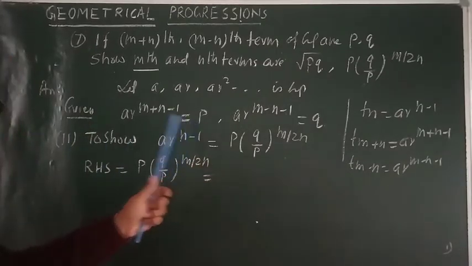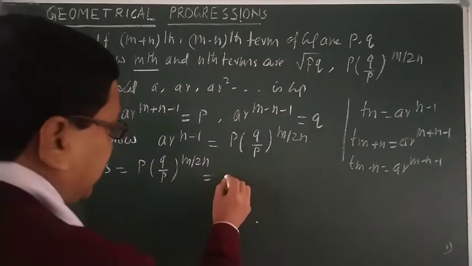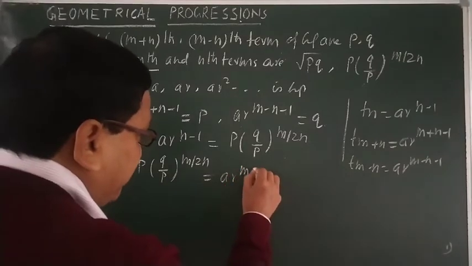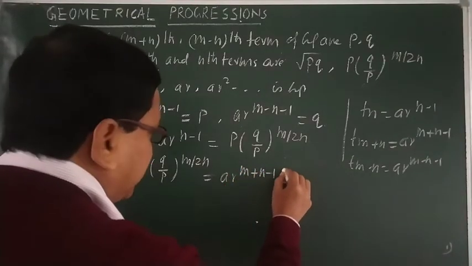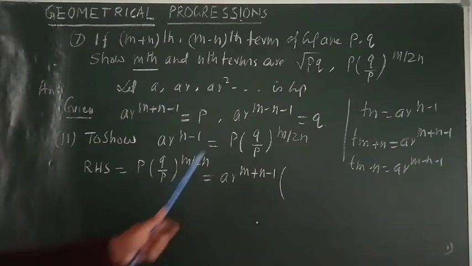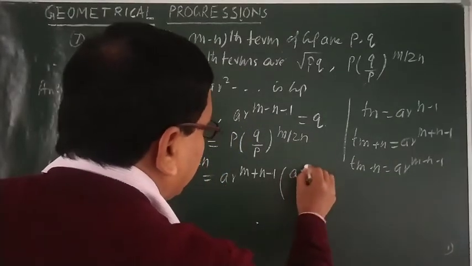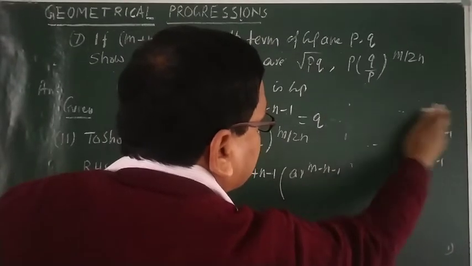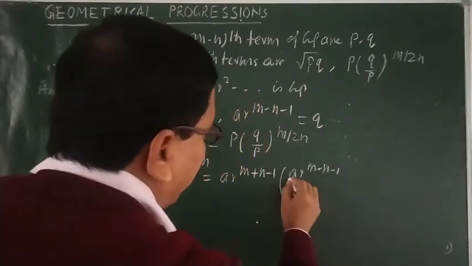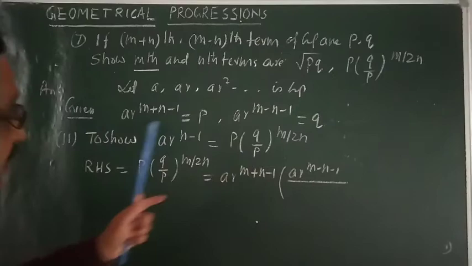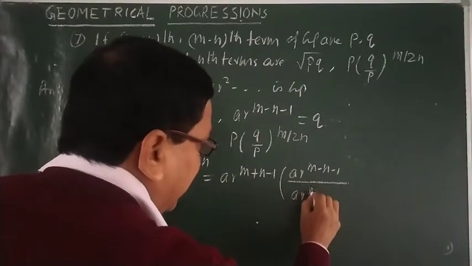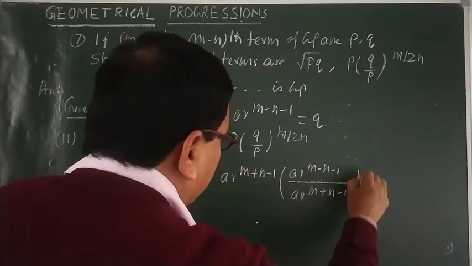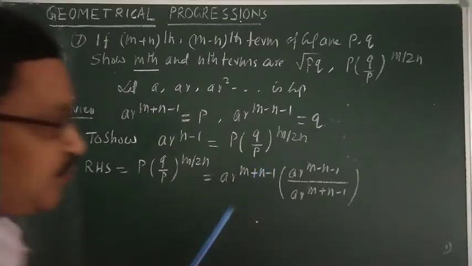Put the value of P, AR^(m+n-1). After that, Q by P: Q is AR^(m-n-1), by again P, AR^(m+n-1) whole to the power m by 2n.